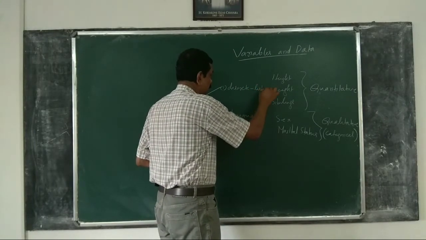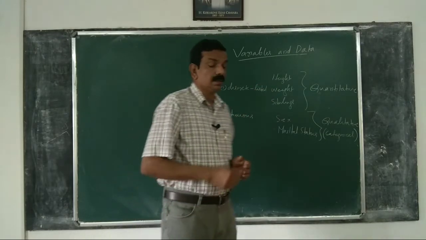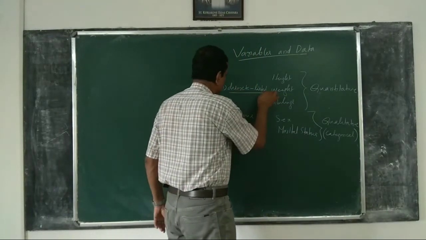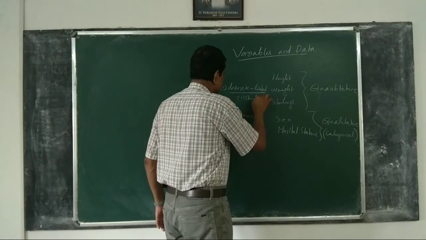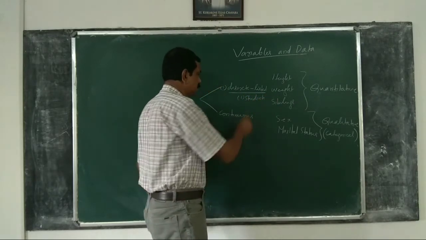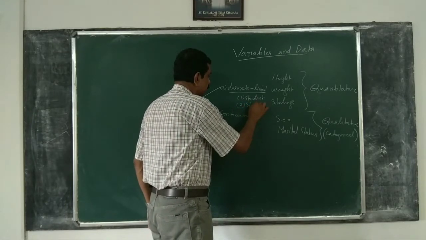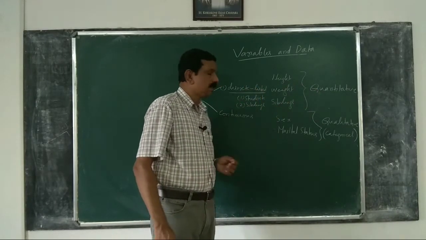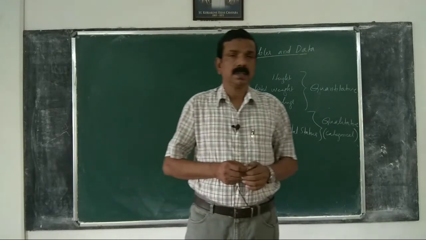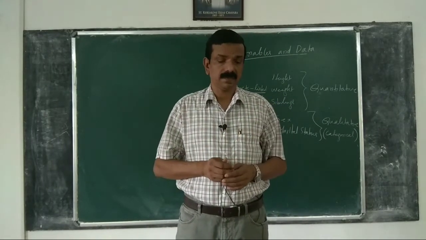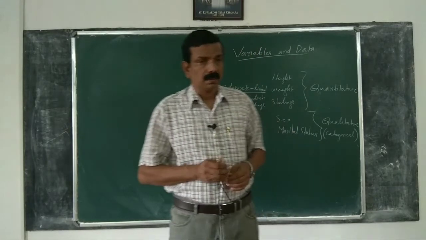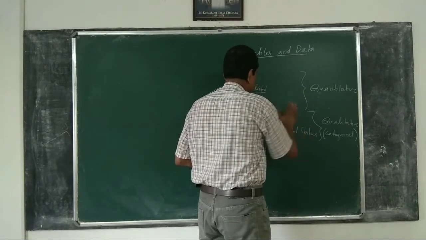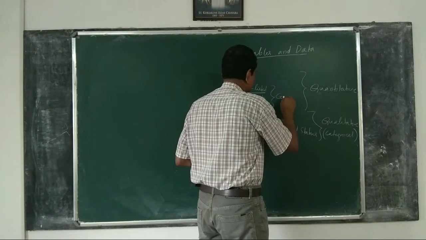Examples: number of students in a class, number of siblings in a family, etc. So it involves the count of something.